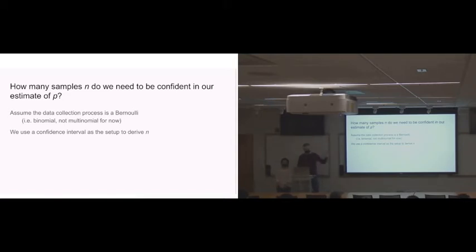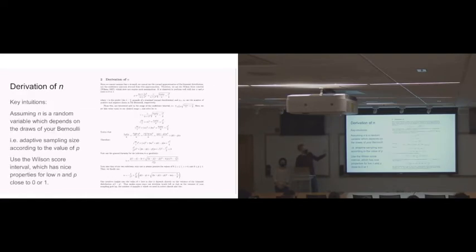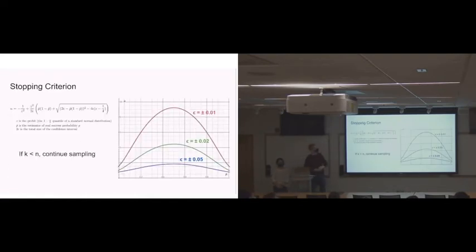So that's set up as a binomial, and the intuition that we use to derive n is that n will depend on p. For different values of p, we might need different numbers of samples. So we use some confidence interval to derive this. And the details of that aren't important, but here they are. I'm going to skip to the next slide where we get our value of n as it depends on p.